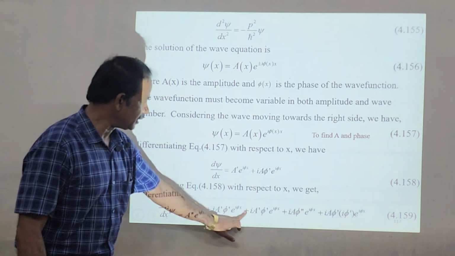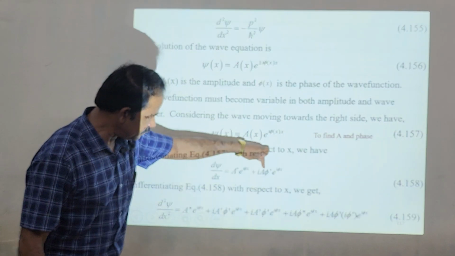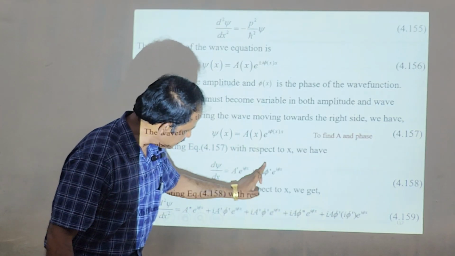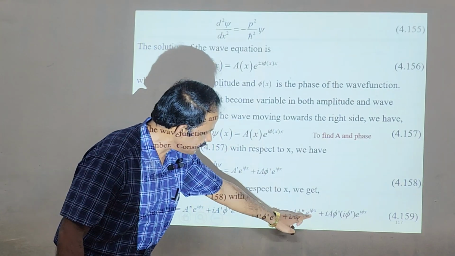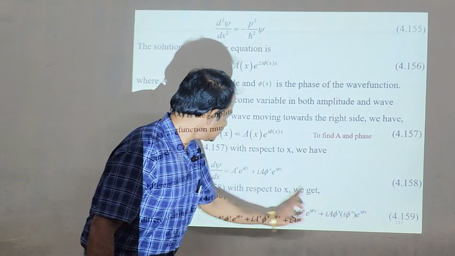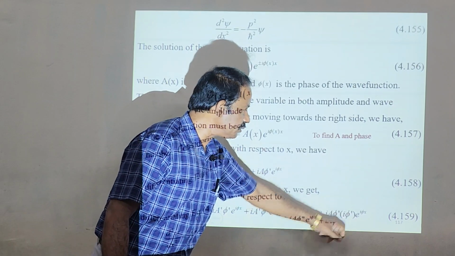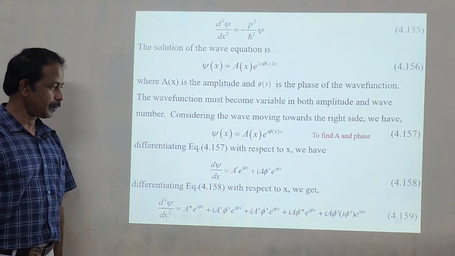Plus I differentiate this, keeping these two constant: plus I A, differentiate this, that will give you phi double prime, keeping this as constant, plus I A phi prime, differentiate this, that will give you I phi prime e power I phi x.